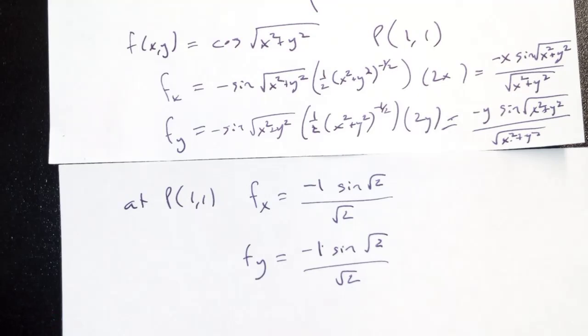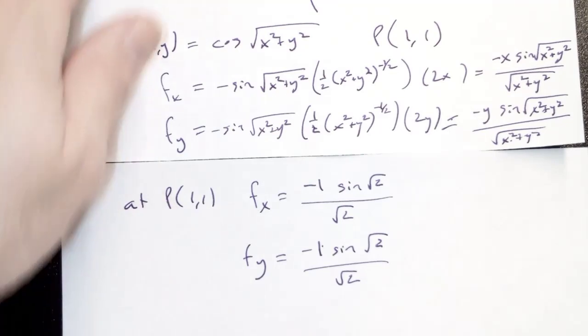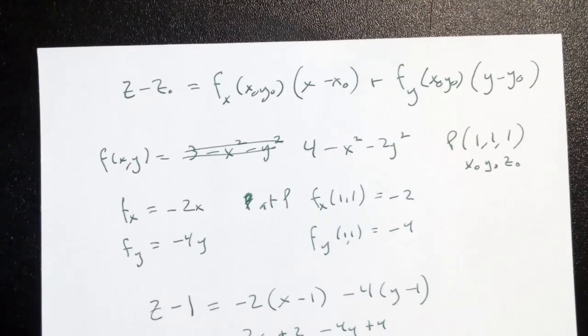I need one other piece of information. What other thing do I need to be able to get the equation for the plane? The one thing I forgot. Well, not if I'm going to use this formula, because then the normal vector is baked in there. But what in that formula am I missing?